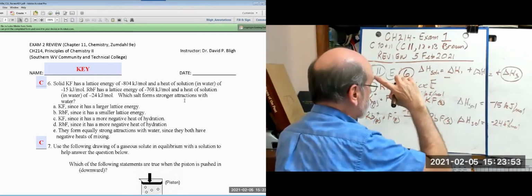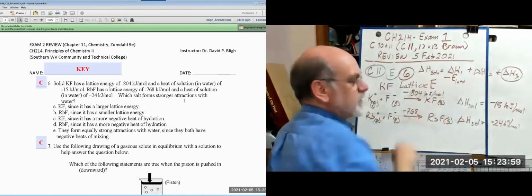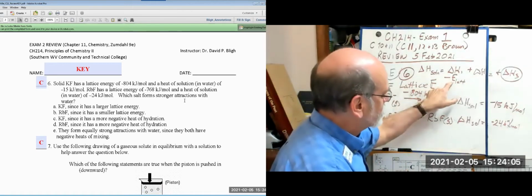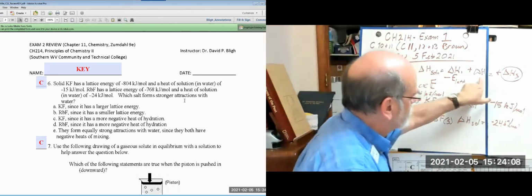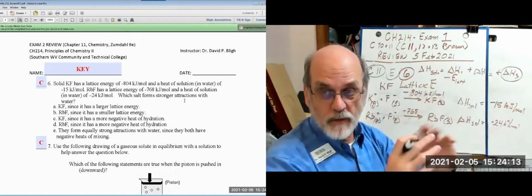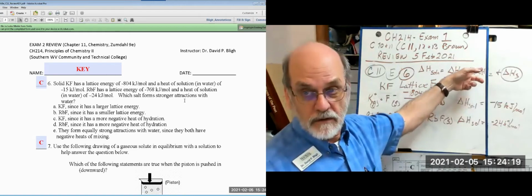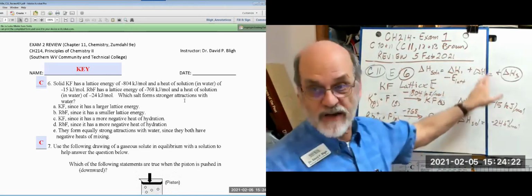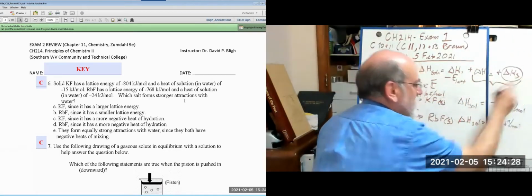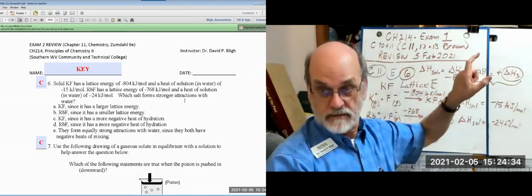So this would be the negative lattice energy, because we're going the other direction. Right? So we have this one, we have this one. We want to get this one, but what's this one? This one is the one that pulls the water molecules apart. Well, it's the same for both, right? There's no difference of this one from this process and that process. So we can actually say, if we can solve for that term, then we know the difference is due to this term. See what I mean?